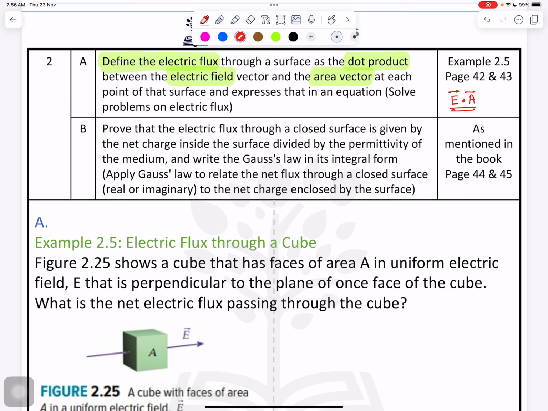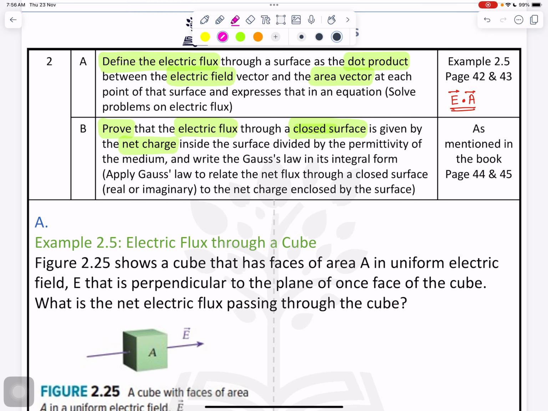Second part: prove that electric flux. We need to prove it mathematically. Prove that electric flux passing through a closed surface, we have two types of surface, one is the closed surface and one is the open surface, is given by the net charge Q inside.